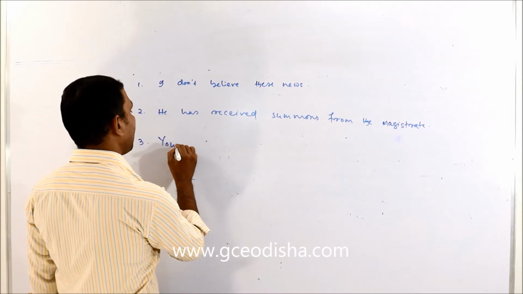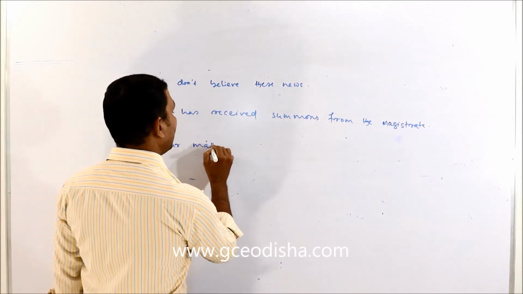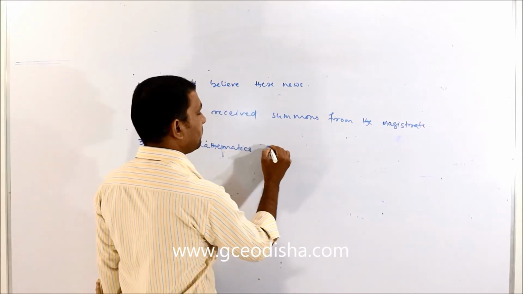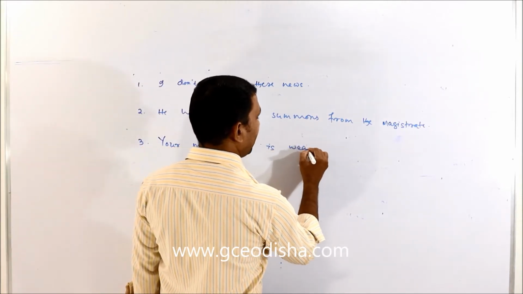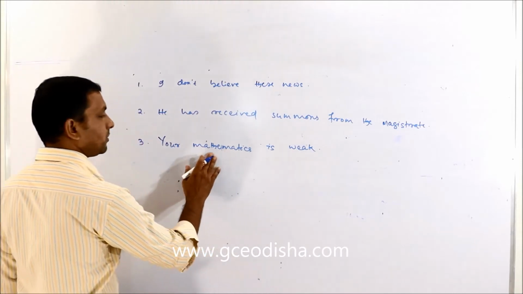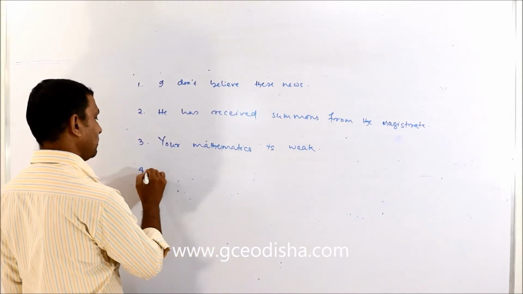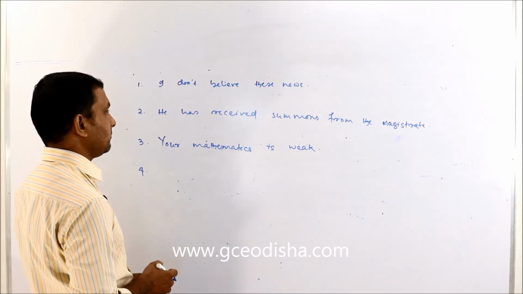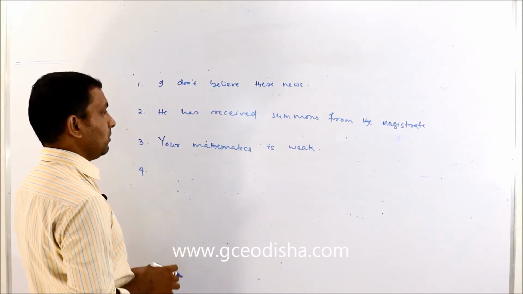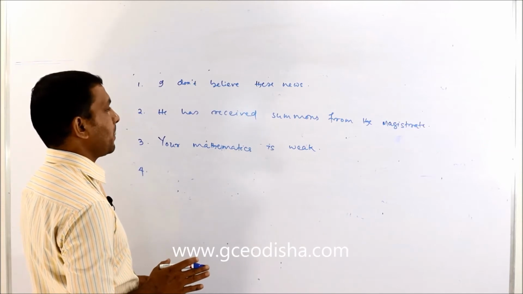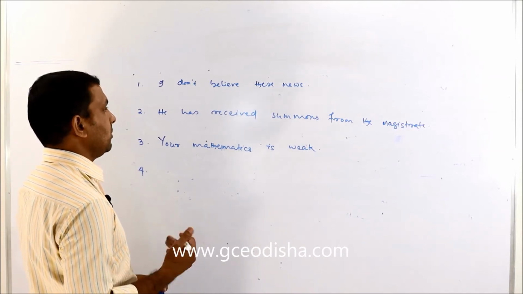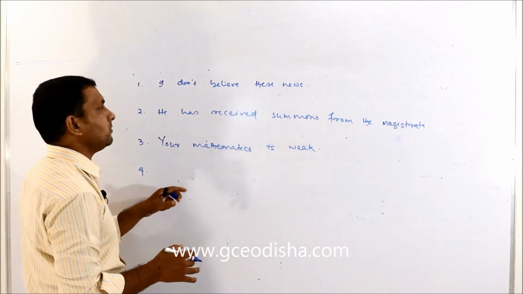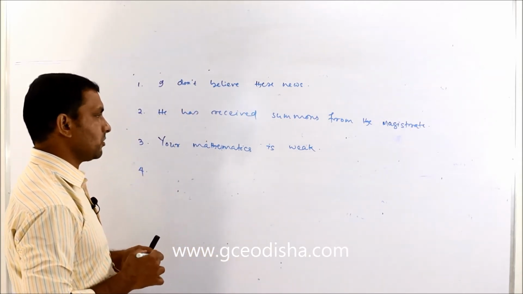Question number 3: Your mathematics is weak. Question number 4. Okay, it will come. We will write later, but let us discuss these questions first.